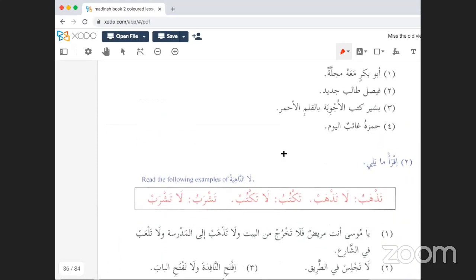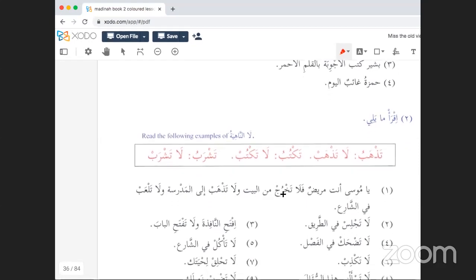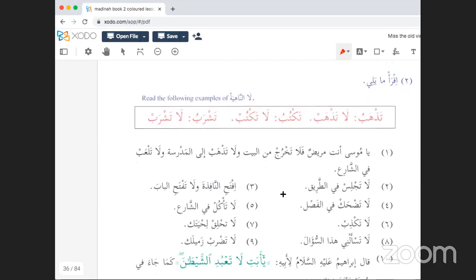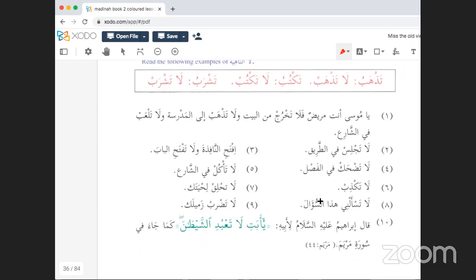And what I'll ask you all to do is to go down to the exercises, and it says, "Iqra' ma yali, at-tamreen ath-thani." Read the following: tadhhab, la tadhhab, taktub, la taktub, tashrab, la tashrab. Then they want you to read these sentences.